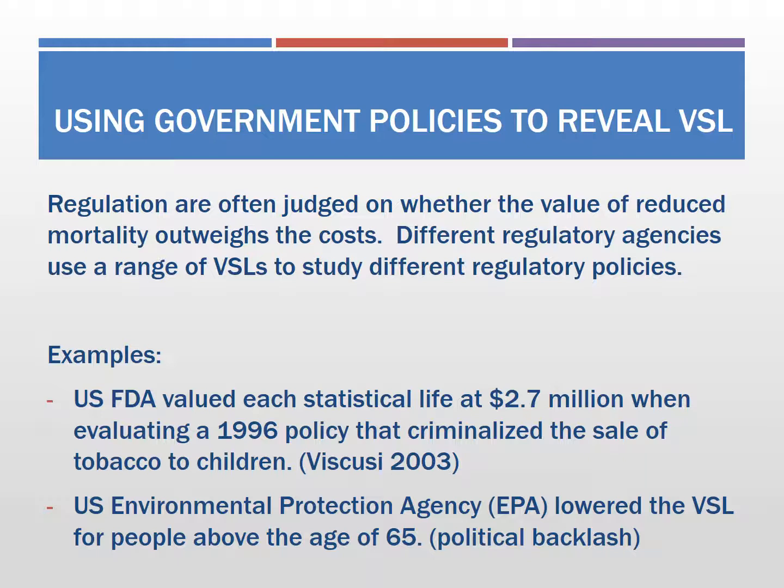Different regulatory agencies use a range of values of life, VSLs, to study different regulatory policies. For example, the US FDA valued each statistical life at 2.7 million when evaluating the policy that criminalized the sale of tobacco to children in 1996.